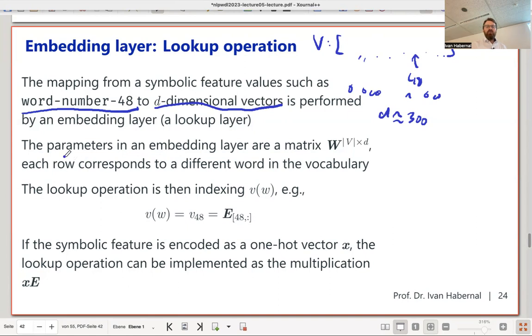So this embedding layer is going to be a matrix of size vocabulary times dimensions, and each row corresponds to a different word in the vocabulary. Then the lookup operation is indexing. The lookup operation of the word is basically taking a row in the matrix. And if the feature is a one-hot vector, which we have in the vocabulary, then the lookup is implemented as multiplication.